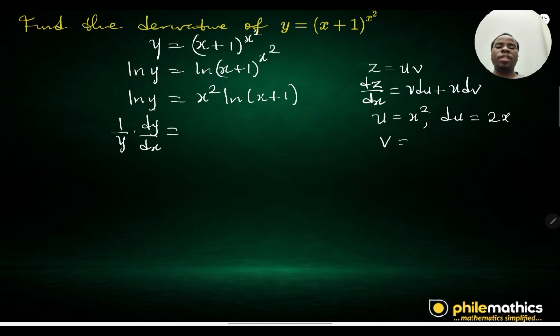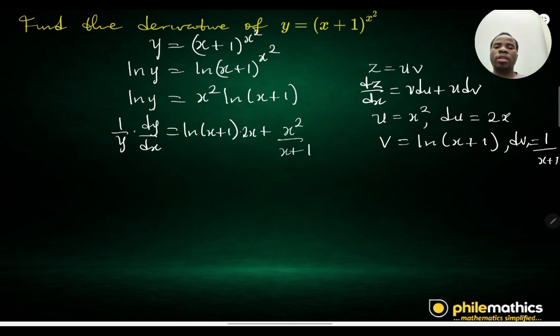If our v is natural log of (x plus 1), dv/dx will be 1 over x plus 1. This is what we will use here. So v, natural log of (x plus 1), times du/dx, 2x, plus u, x squared, times dv/dx, which is 1 over x plus 1.